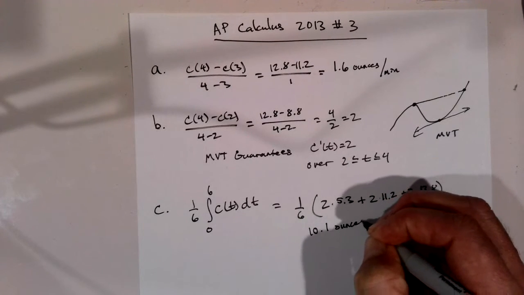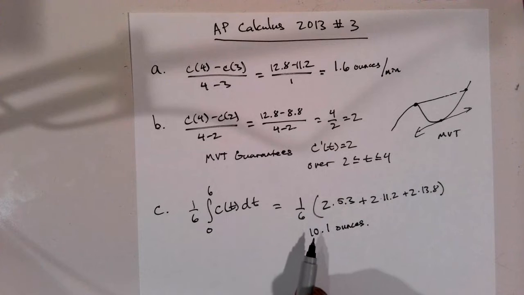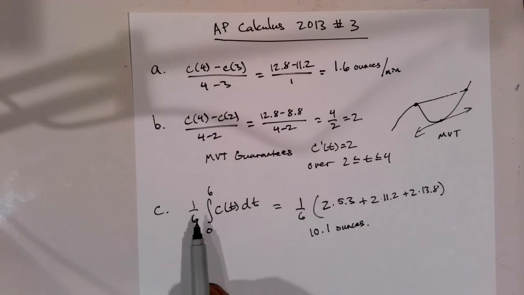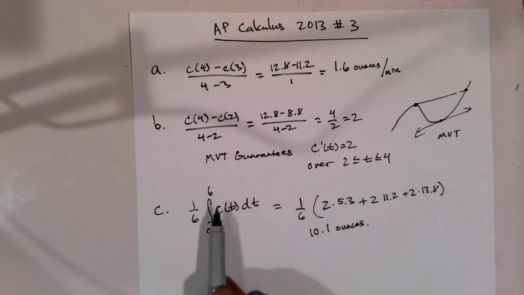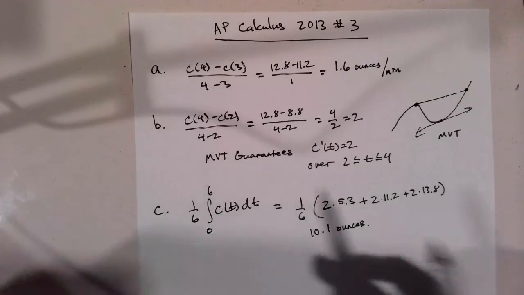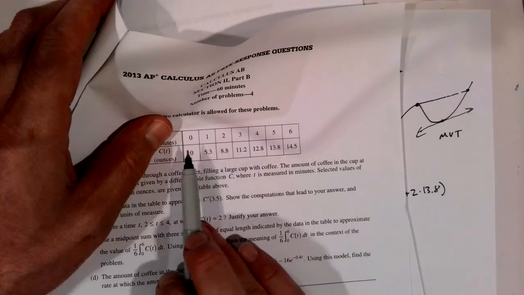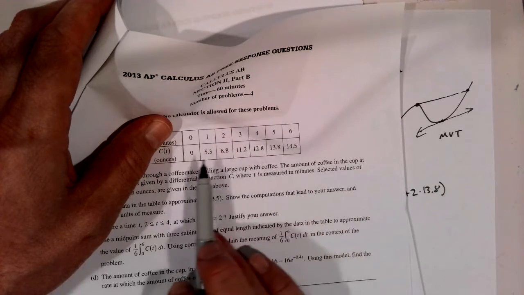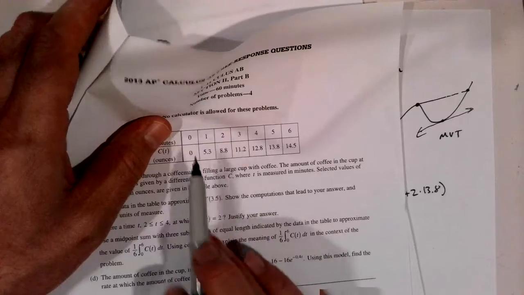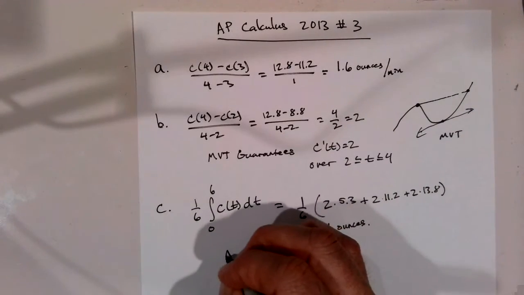Ounces. Now, it says, what does that mean? Okay, well, this is the average value function. It means the average amount of coffee. And if you look here, does it make sense that the average amount would be about 10.1? And I would say, yeah, it looks like that's reasonable.